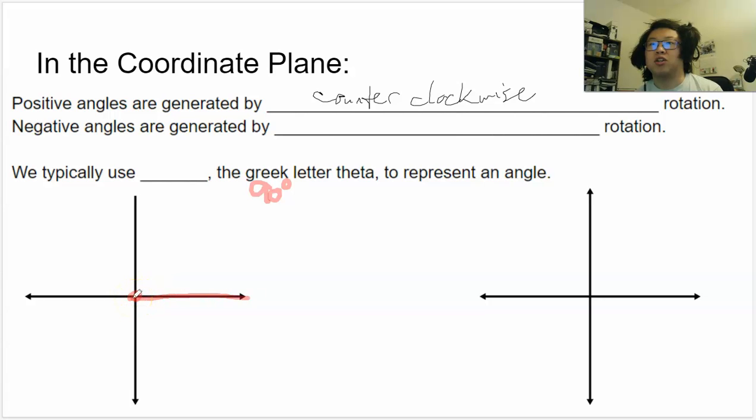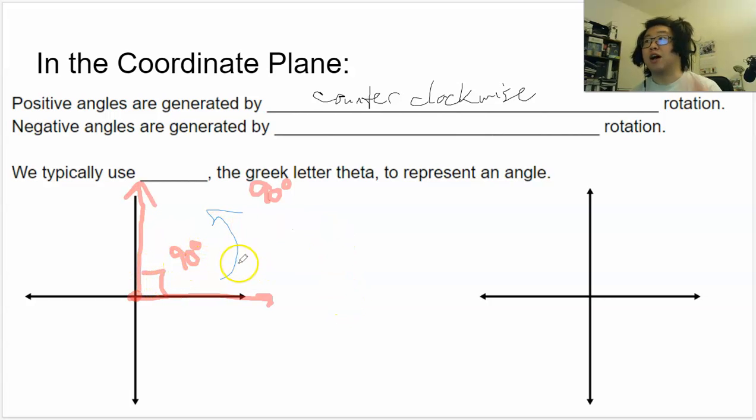Here's my initial side. Remember, a 90-degree angle looks like kind of a nice boxy shape. So I'd be rotating this direction. Let me change my color and my thickness of the line. You'd be rotating in this direction, starting from your initial side. And the side at 90 degrees would be something like this, right?